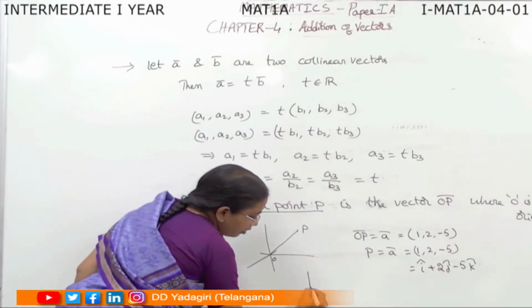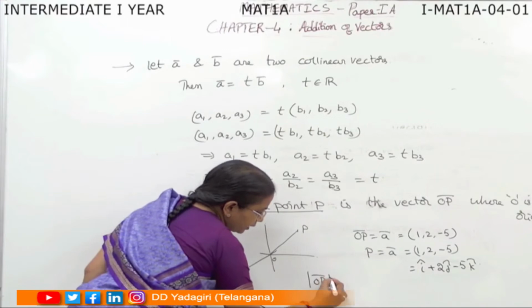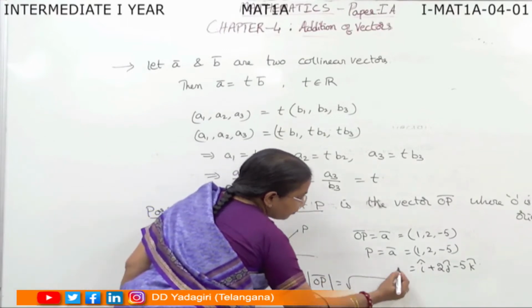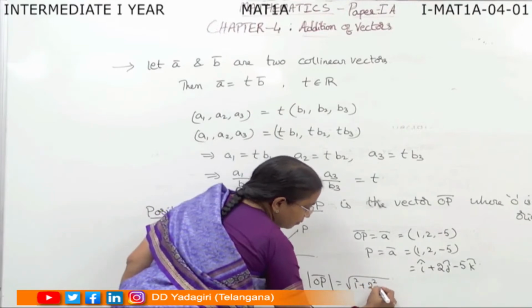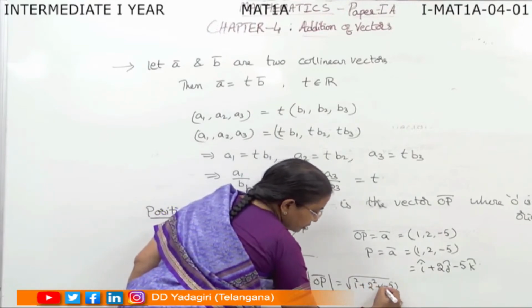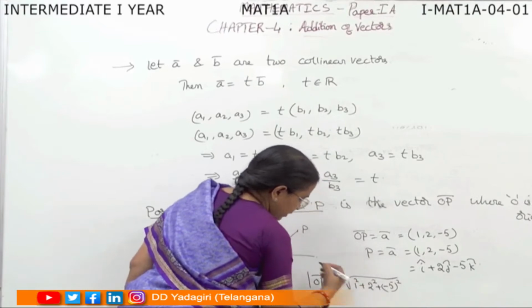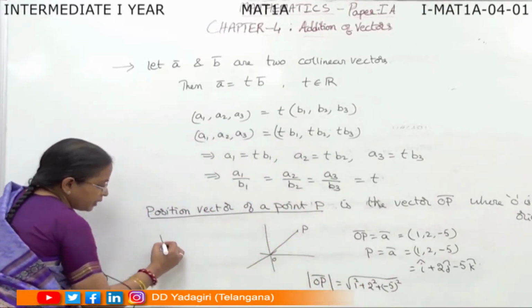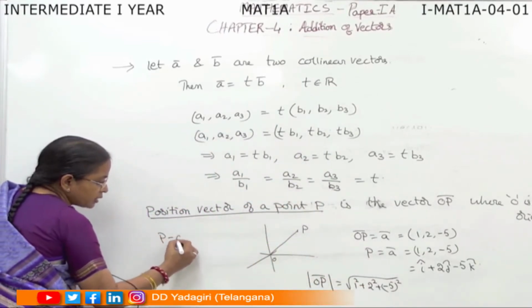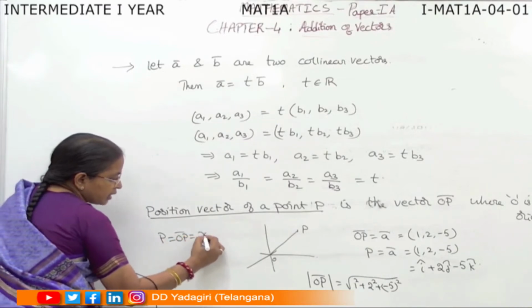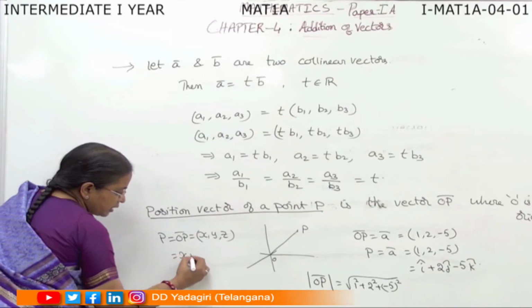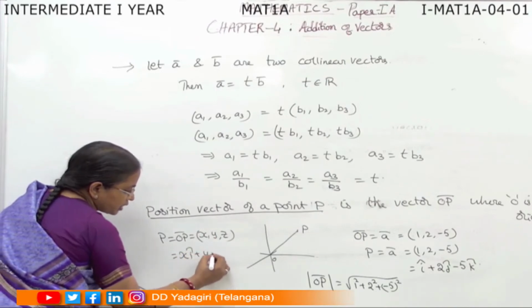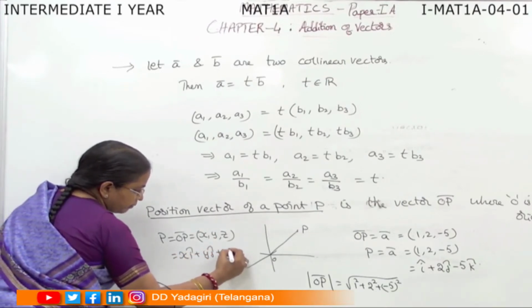And then mod of OP, the length of OP, is root of 1 square plus 2 square plus minus 5 whole square. The length is given by this formula. Like suppose that P, or OP, is equal to (x, y, z). That means it is xi plus yj plus zk.